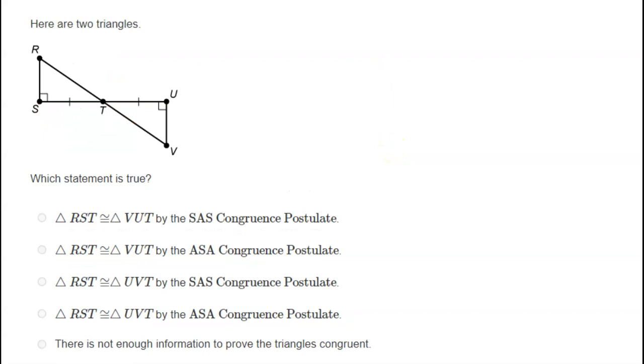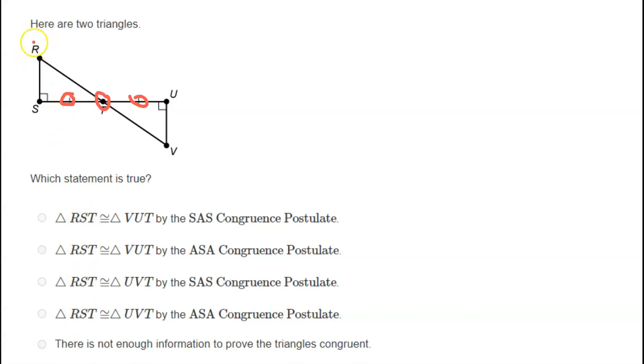Here are two triangles. Which statement is true? We have two 90-degree angles, and we have a congruent side, and we have a shared angle. Therefore, we can say angle, side, angle. Now, we must say that triangle RST maps correctly.